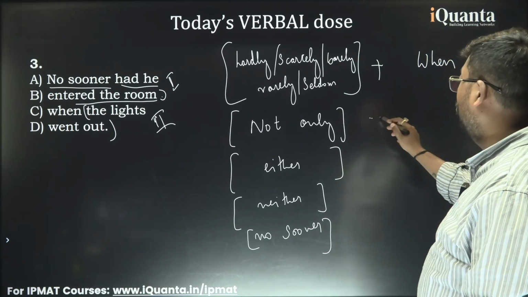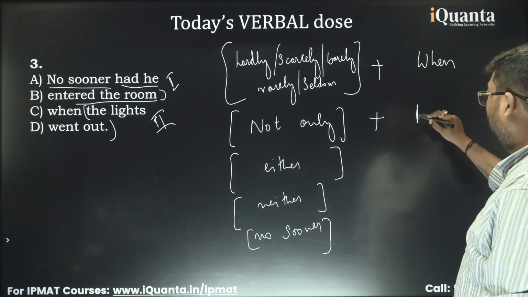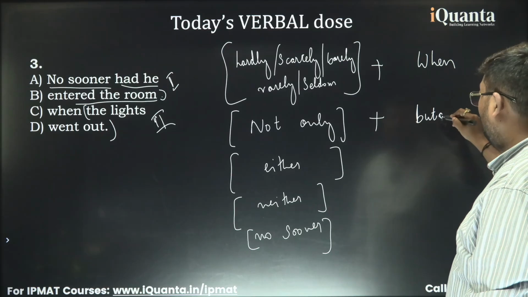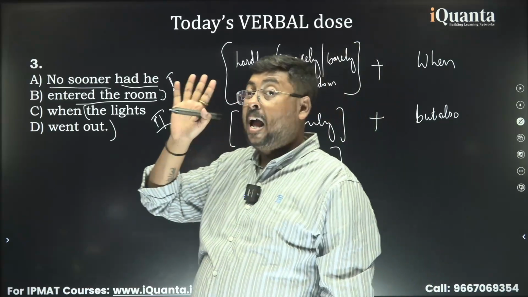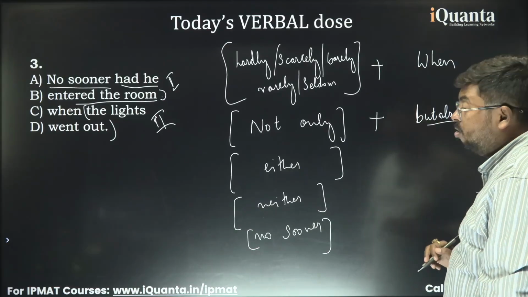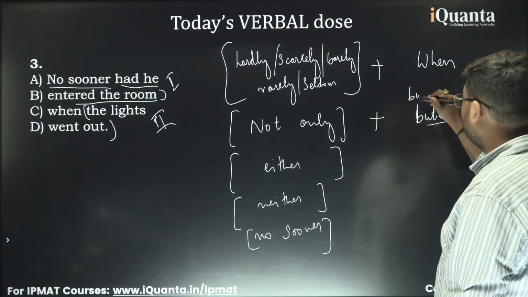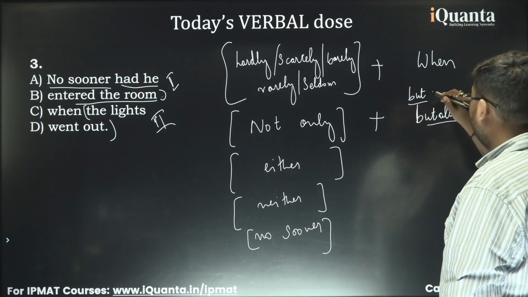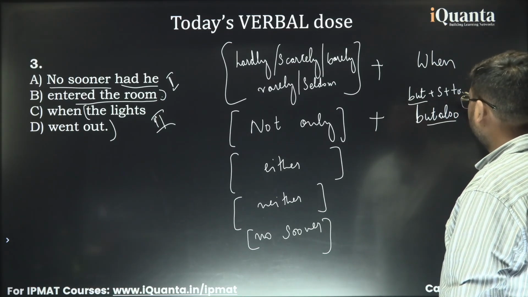Okay. Next part, not only. So of course, everyone knows with not only, it has to be but also. But I want to add something to it. Remember that it is not always but also. It can also be written with something else. With but plus subject, we can also write to.